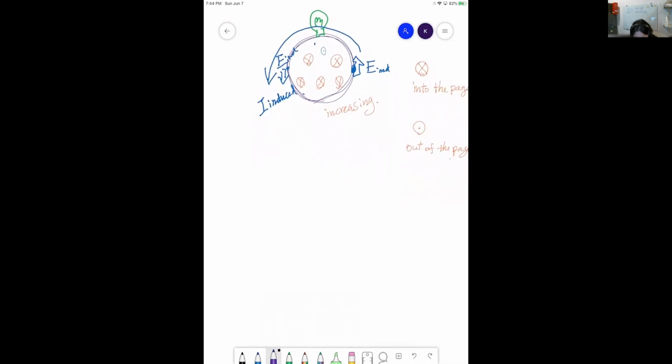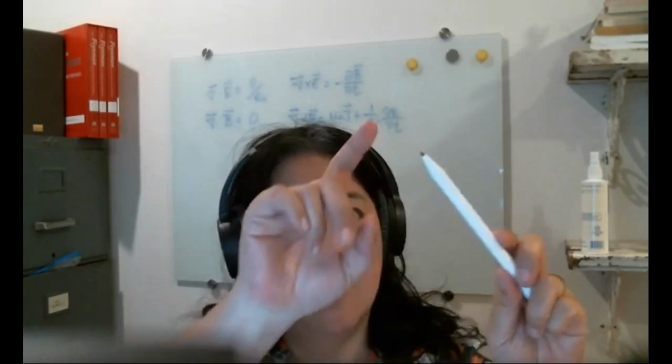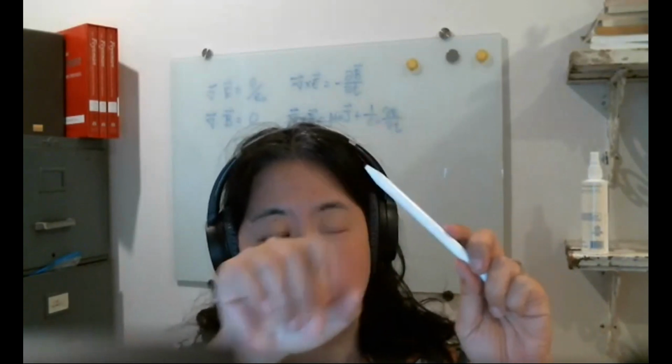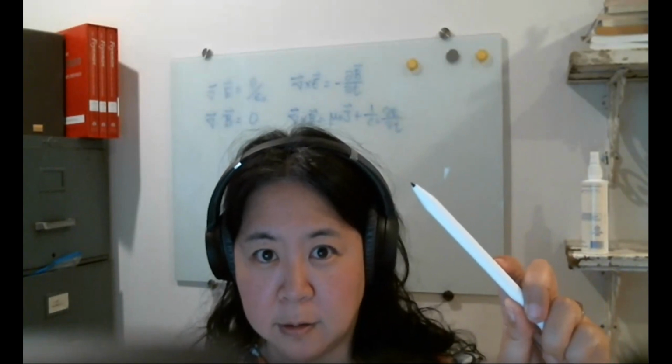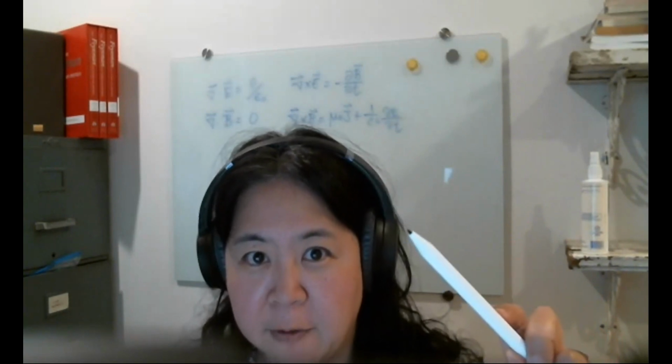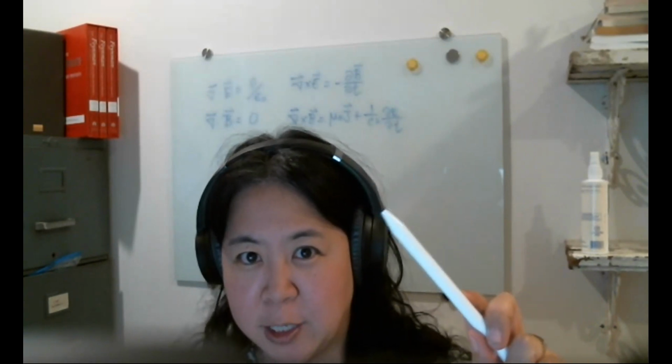Let me not share. Let's look at this pen. What's this pen tip made of? Metal. What does metal have? Free electrons.